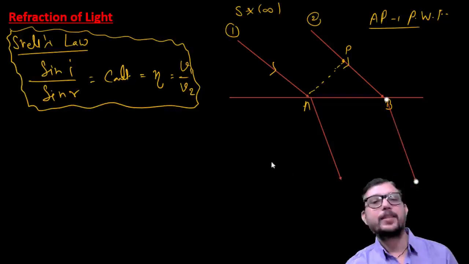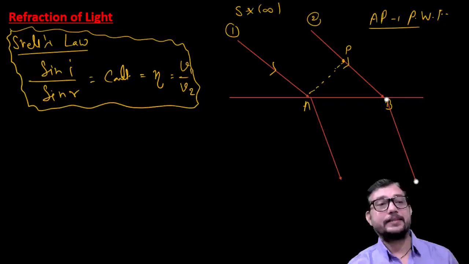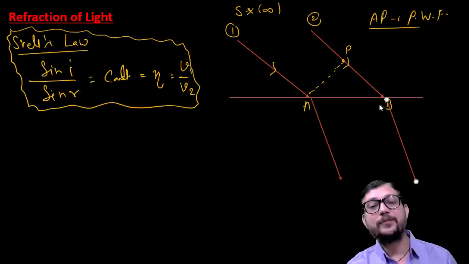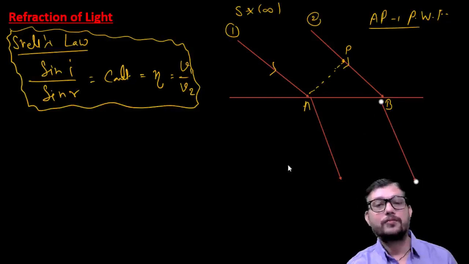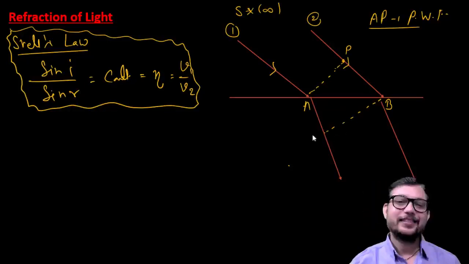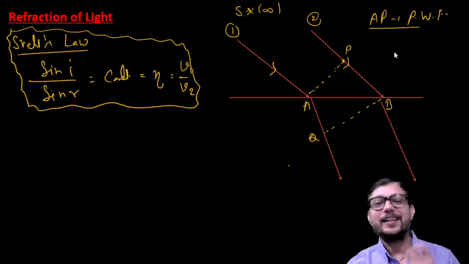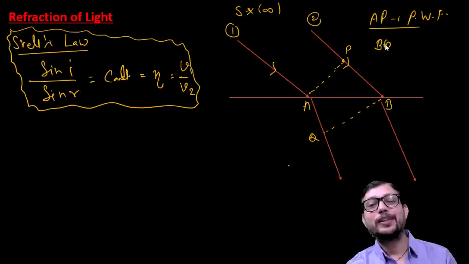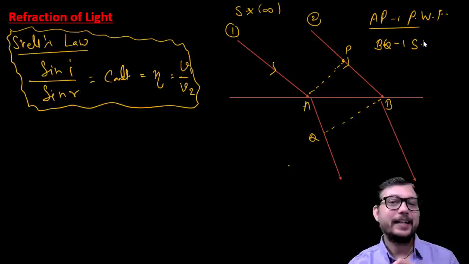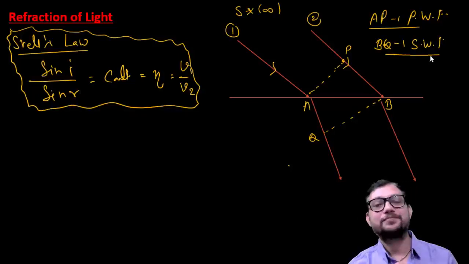Now, as we have done before, from point B we have to draw a perpendicular like this. So this is BQ, and BQ will be the secondary wavefront.